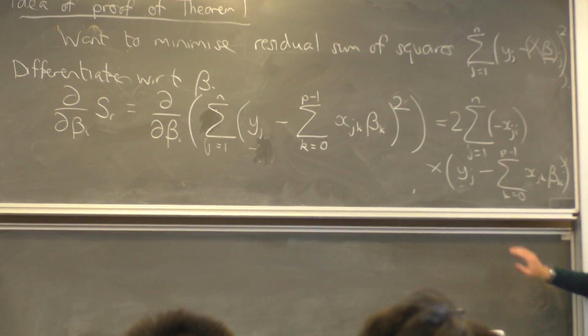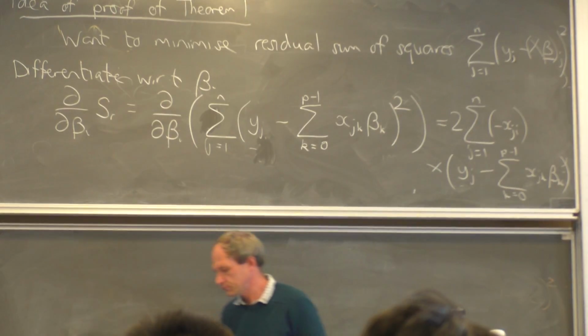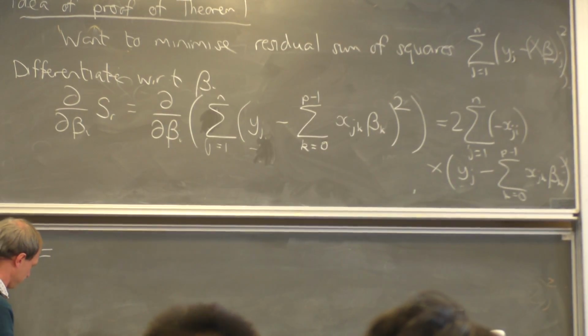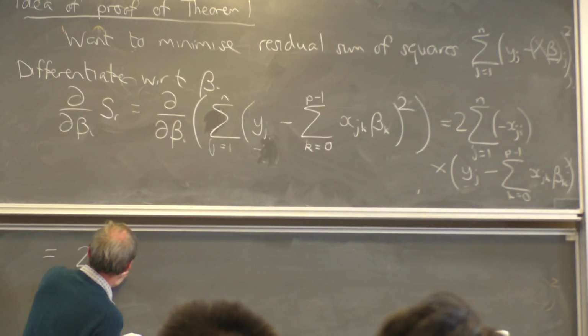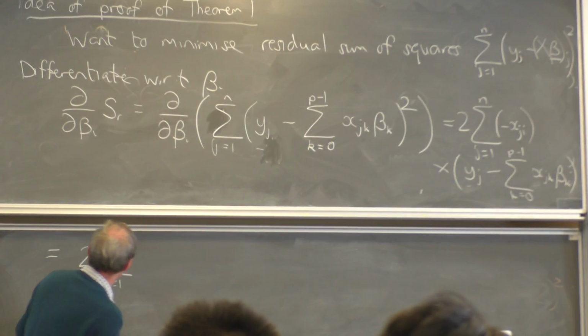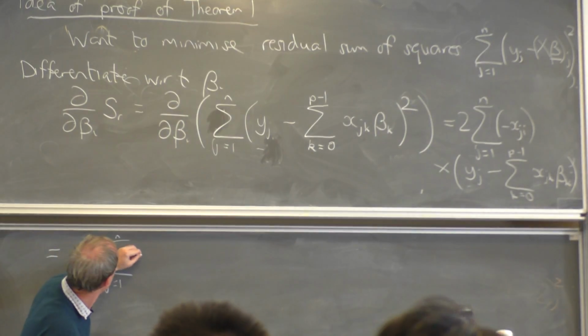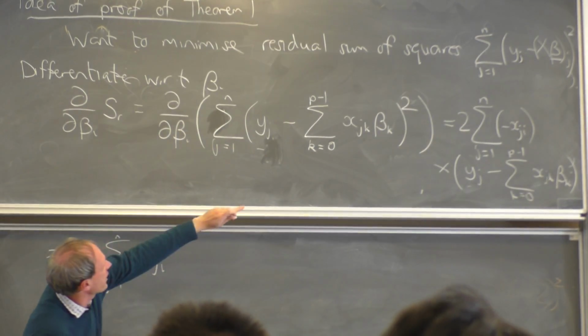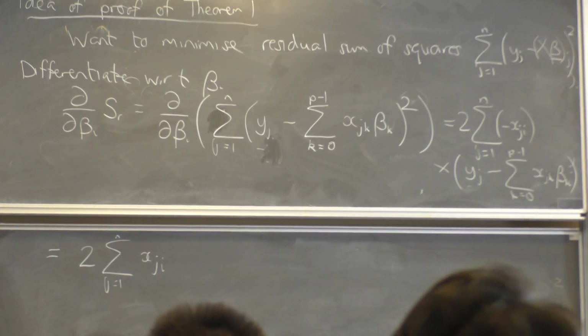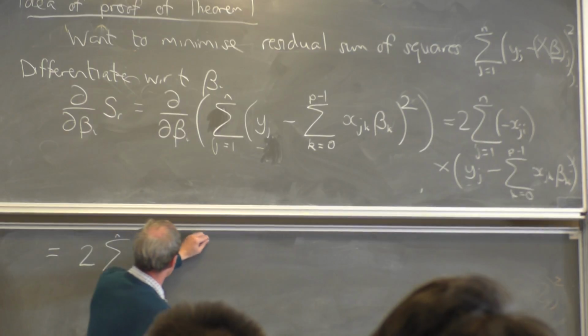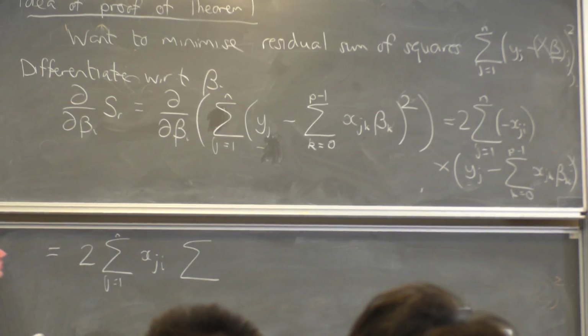Okay, so we're almost there, because we can rewrite that as twice the sum from j equals 1 to n of x_ji again. I've now lost the minus sign, so I'm going to need to subtract things inside.